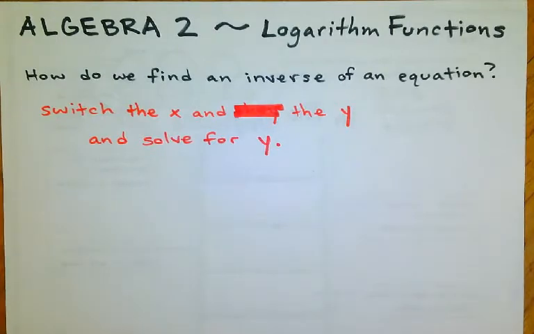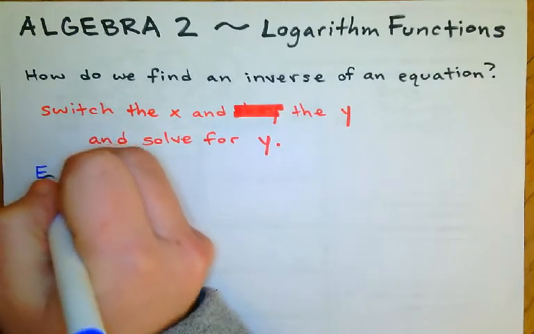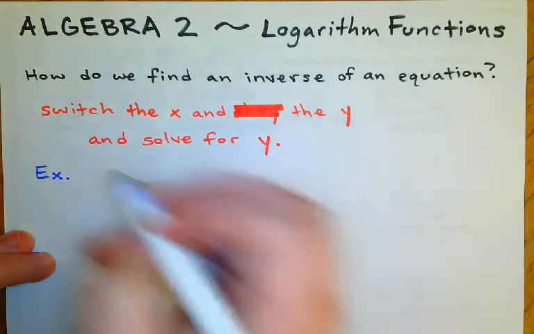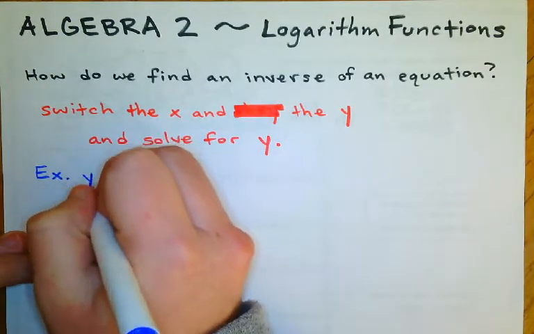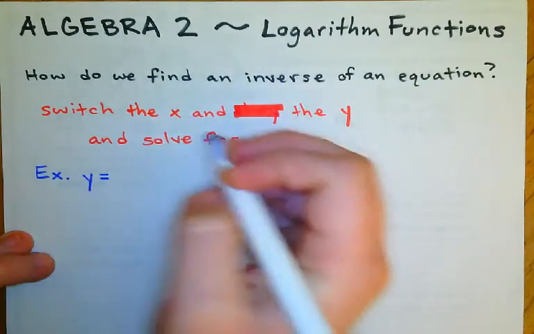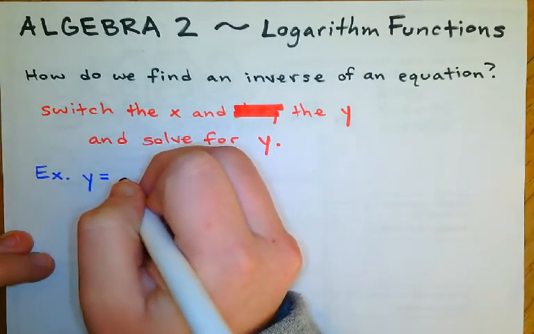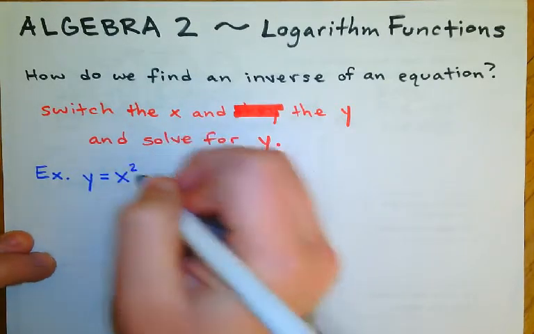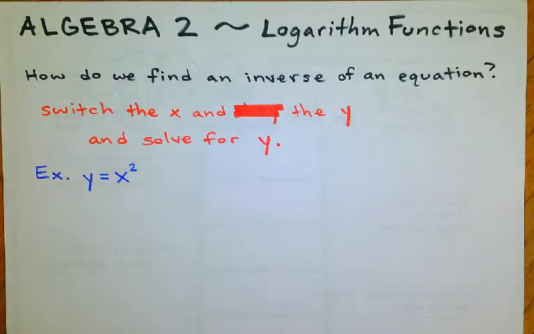So just as an example to get you guys in the idea and to refresh your memory of an example of how we did that this semester, let's say we've got y equals x squared.